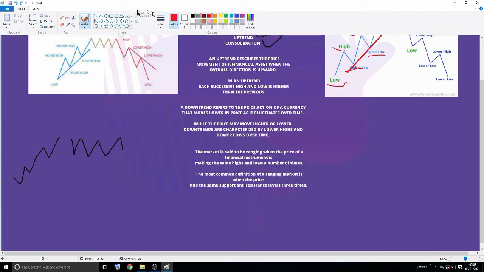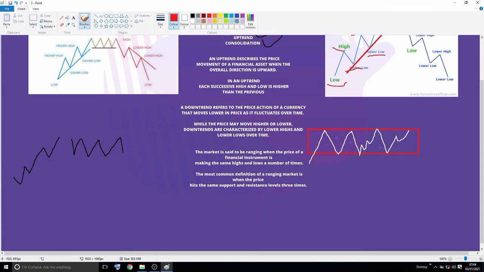So we have support and resistance, and the price can't break out of this support and resistance. It came in, it hit the resistance, it pushed to the support, resistance, support, resistance, support, resistance, support. This market is ranging.